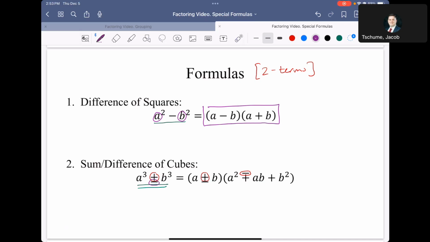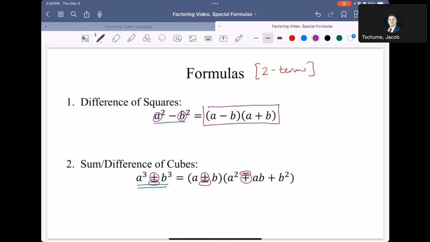The minus on the bottom would go with the minus on the bottom of your first parentheses, and then your next term would become plus. So it would be a minus b multiplied by a squared plus a times b, and then, the same as the last one, plus b squared.